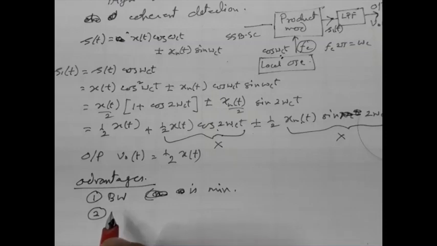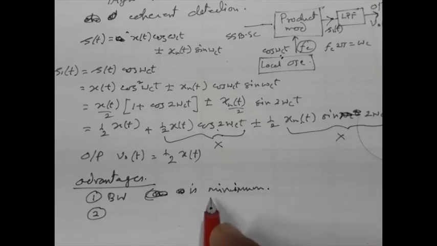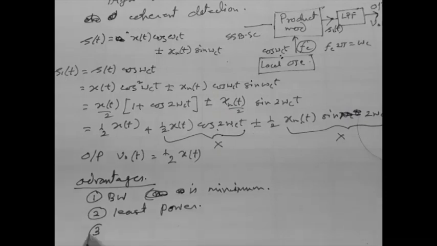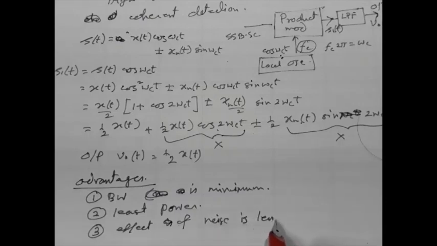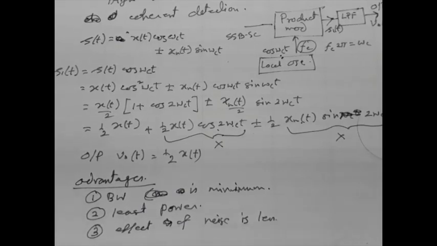It has the least transmission power because it has to transmit just one sideband, so the power requirement is least compared to AM or DSB-SC. And the third point is the effect of noise. Effect of noise is less. So these are the advantages of SSB-SC, and there are certain disadvantages as well.